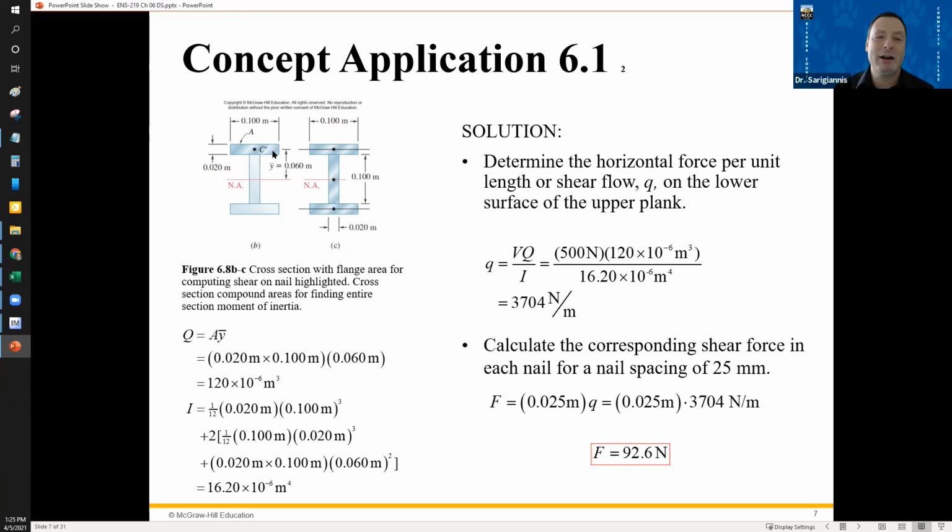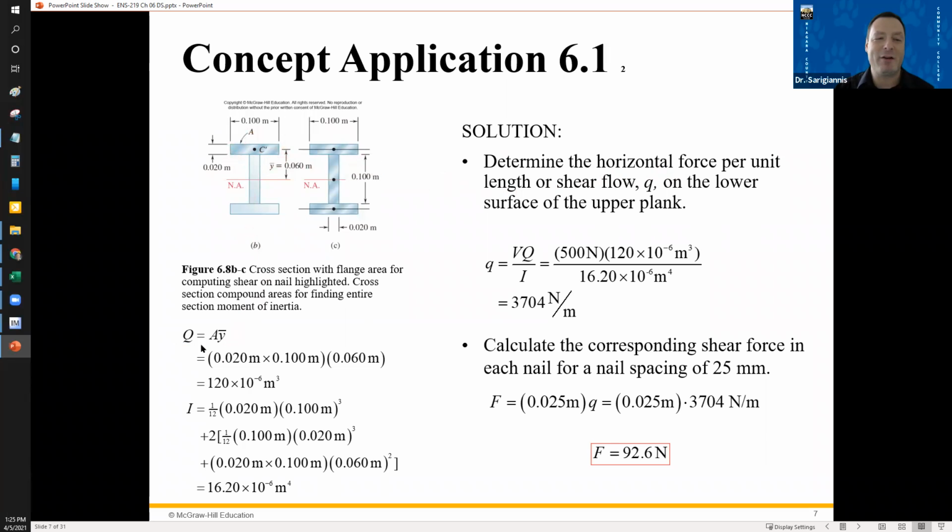But our area of interest is this up here, this shaded region with a centroid C prime. What we're going to be doing is we're going to find what's the horizontal force per unit length, right? That little Q on the lower surface of this top plank, right? So we have to take this area, and we're going to do a moment calculation for it.